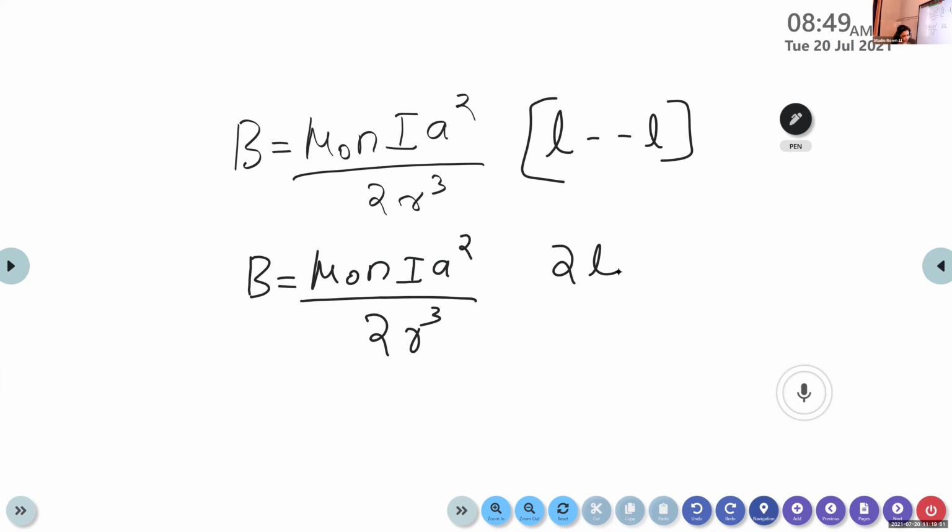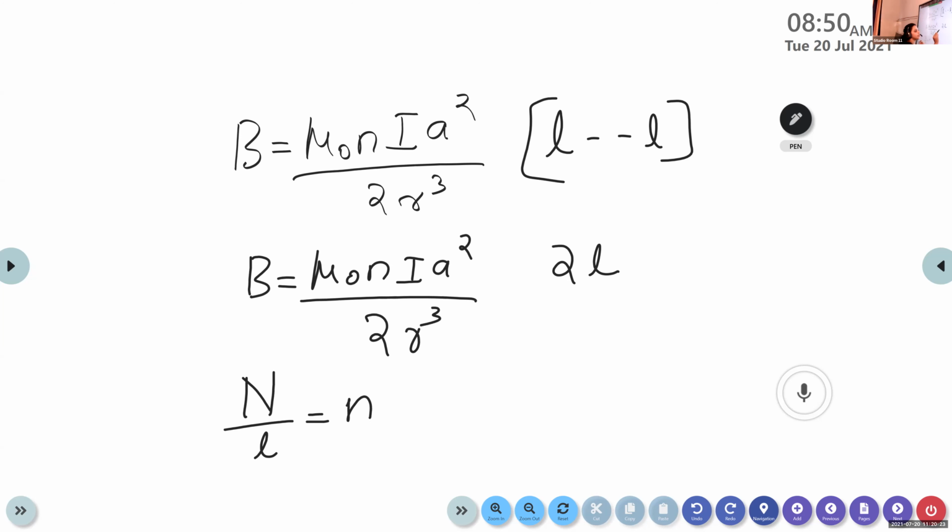Okay. Now we have one more step here. We know that the number of turns per unit length is the number density, small letter n. Here we have the entire length of the solenoid. After integrating, we get the magnetic field produced at the point P due to the entire solenoid.